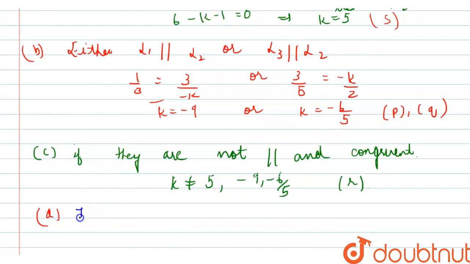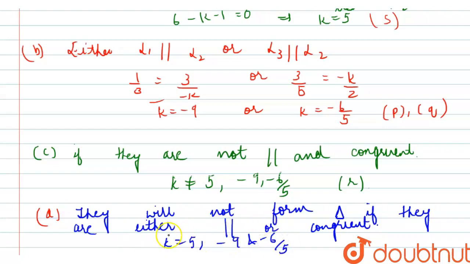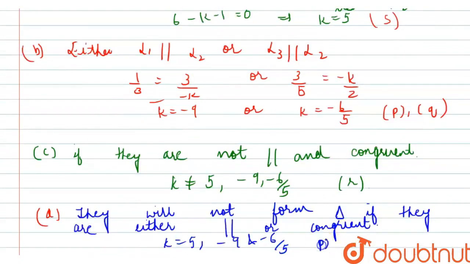So here I am writing that they will not form a triangle if they are either parallel or concurrent. That is possible if k is equal to 5, minus 9 and minus 6 upon 5. So it means that all the options except R are true. So P, Q and S are the correct options.